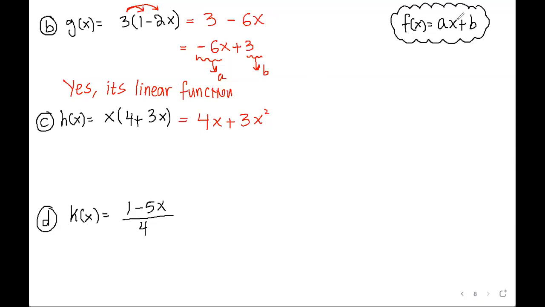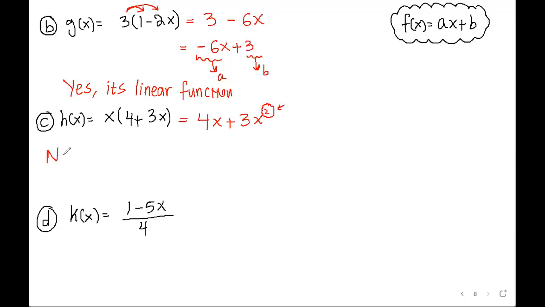To be linear, the exponent of the variable must be 1.